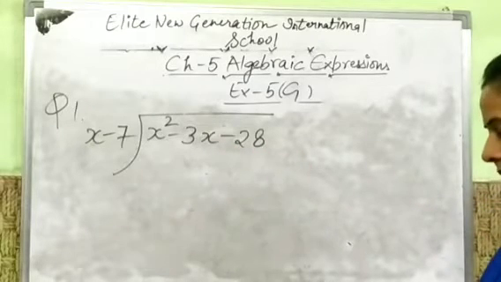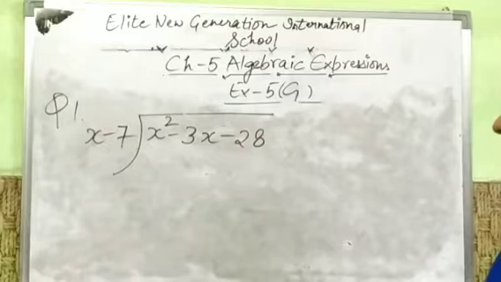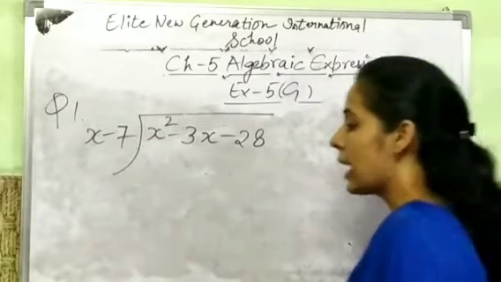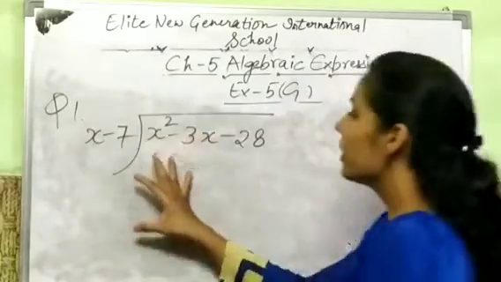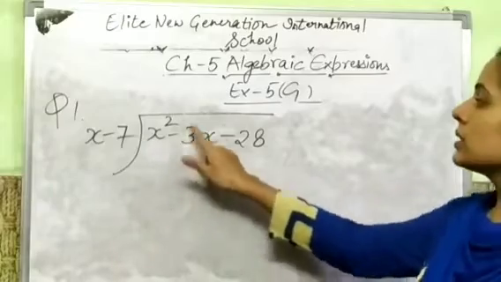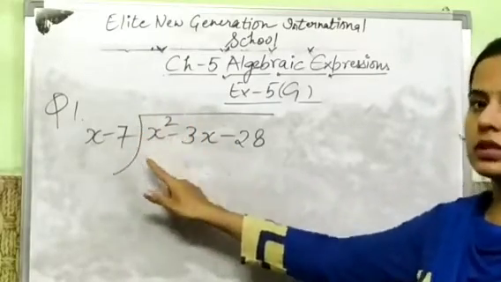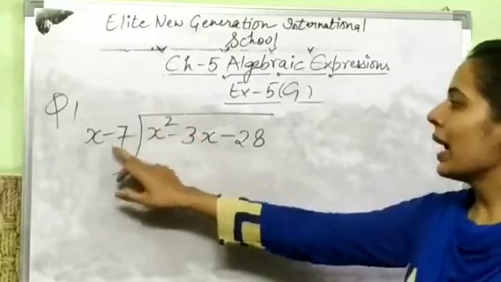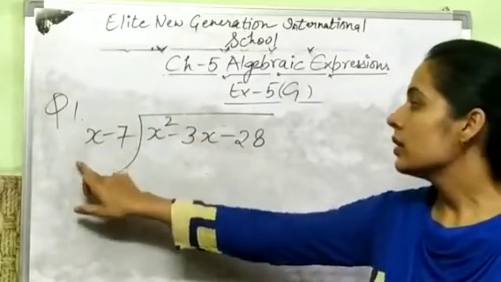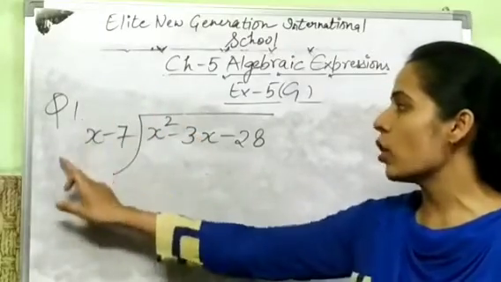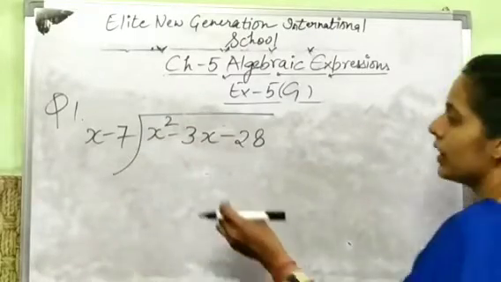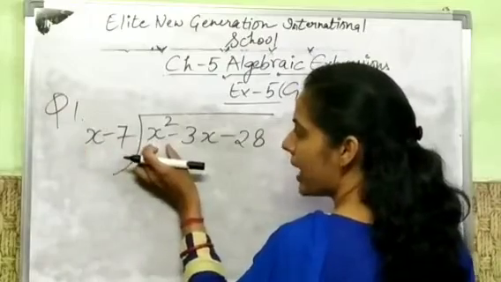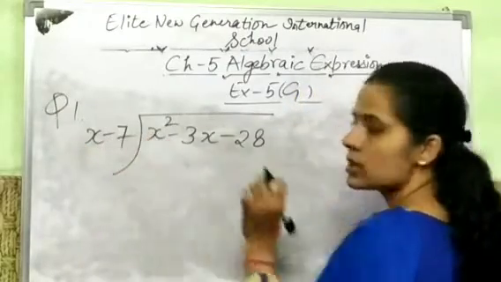Now the second step. What do we have to do in the second step? Same as in arithmetic when we divide numbers, first see the first term of the divisor and the first term of the dividend. We need to make this x into x square.